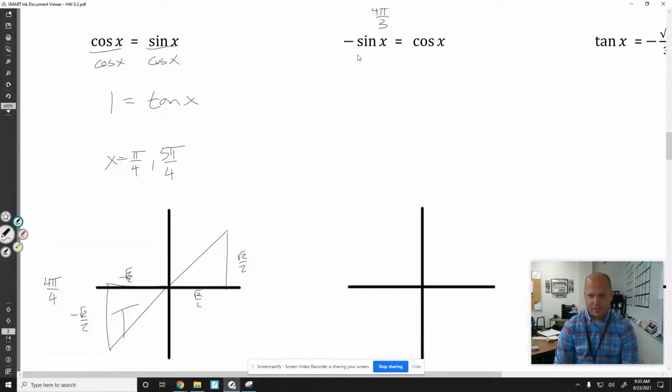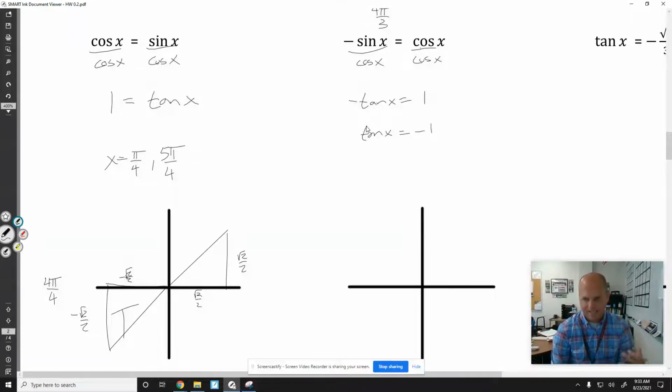That's the same thing that happens here. A lot of people think, oh, sine has to be negative, cosine has to be positive, and they have to be the same value, but that's not the case. Like, what if I divided by cosine? This would be negative tangent equals 1. And then what if I just take the opposite of both sides, or multiply or divide both sides by negative 1?